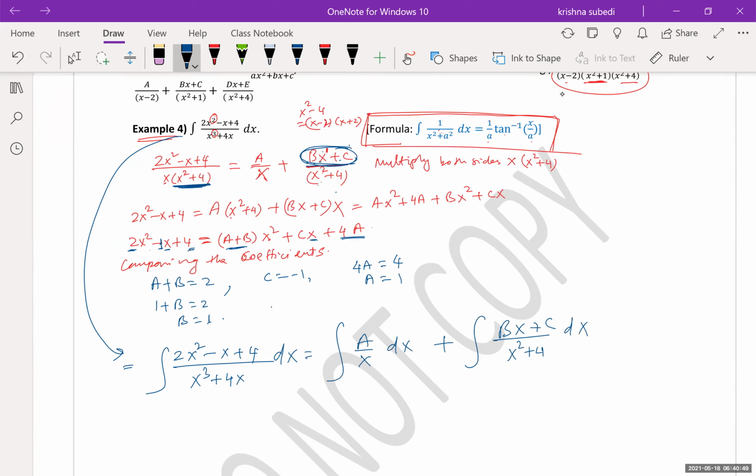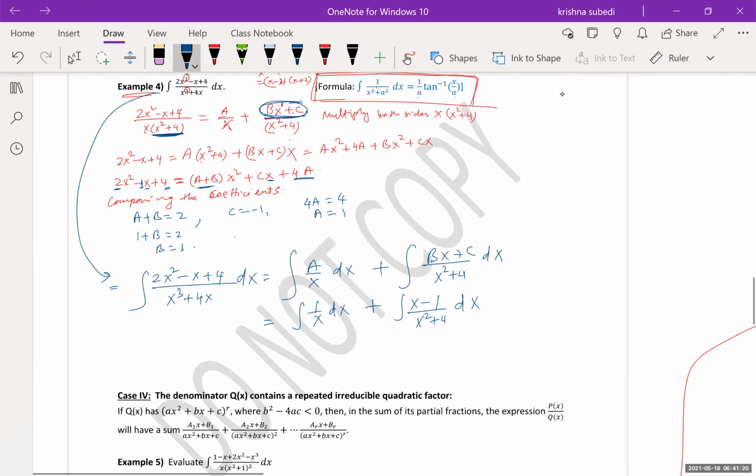All right, now substituting the values: a means 1, so you'll get 1 over x dx plus bx plus c, where b is 1, so x, and c is -1, so -1 over x squared plus 4 dx.